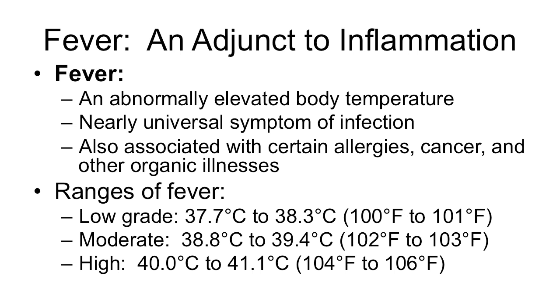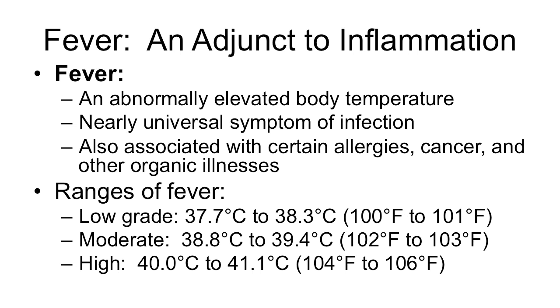So it's a nearly universal symptom of infection, and is often associated, because of the effects of the immune system, with certain allergies, cancers, and other illnesses. The problem comes when we're having high fever. That fever that is 104 degrees Fahrenheit or above tends to be universally a bad omen when we're thinking about disease.